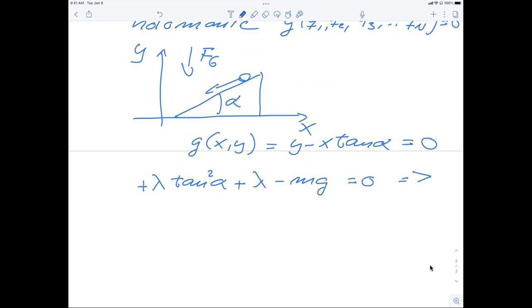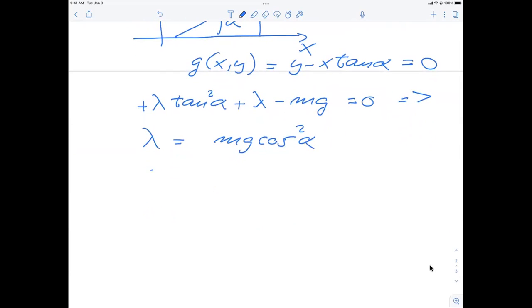That led to a set of equations where we found that this parameter lambda was given by mg cosine squared alpha. And then we had the equation of motion in the x direction, where the acceleration in the x direction is minus g times sine alpha times cosine alpha. And then we had the equation of motion in the y direction, which was simply minus g times sine alpha squared.